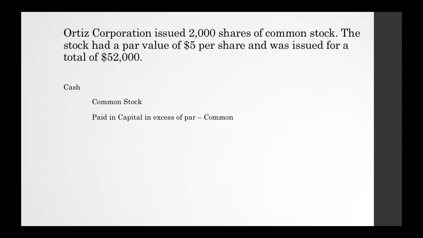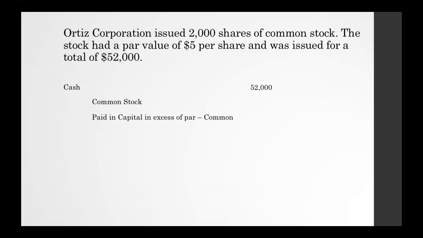Then we're also going to see that we're going to have a paid-in capital in excess of par common. So this is an account to show the amount that was received in cash that's in excess of the par value amount, right? So let's put in some numbers, then maybe it will make a little bit more sense.